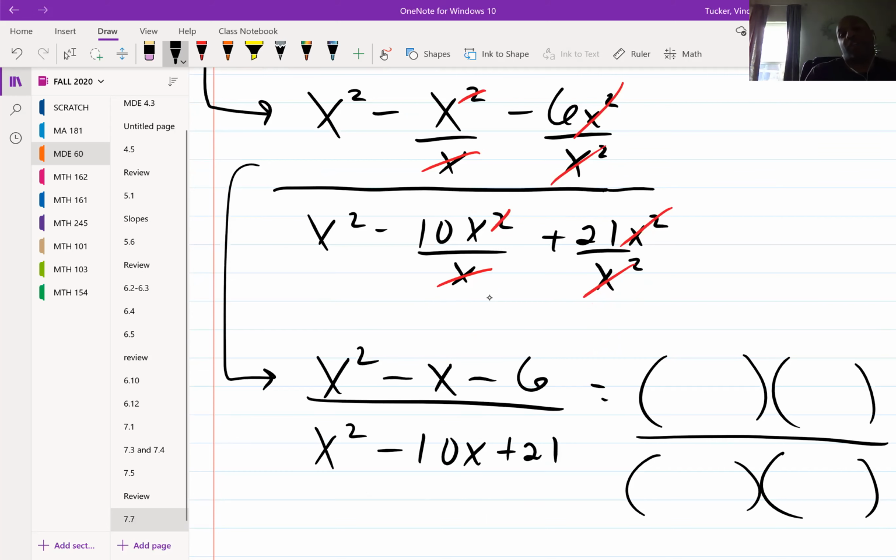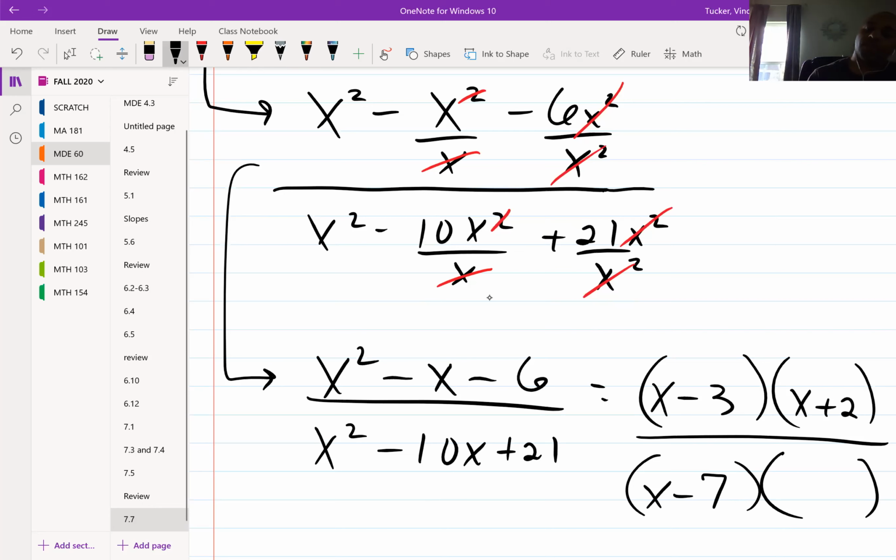So now we can factor these two trinomials. So that'll be x minus 3, x plus 2, x plus 7. Nope.